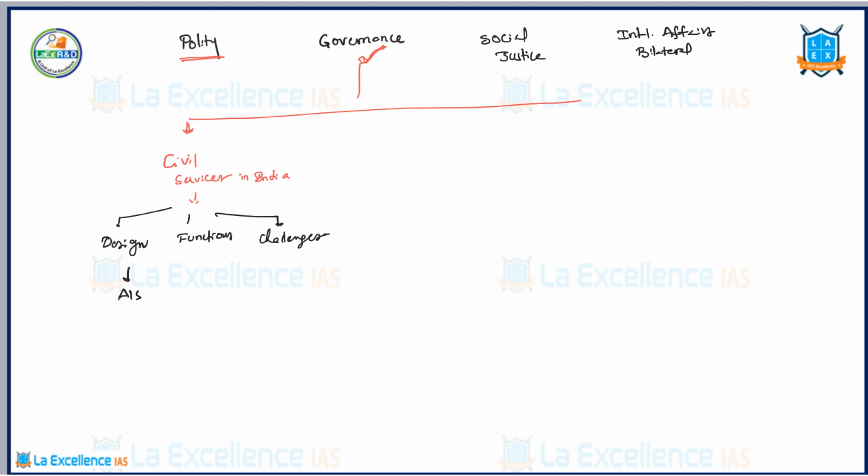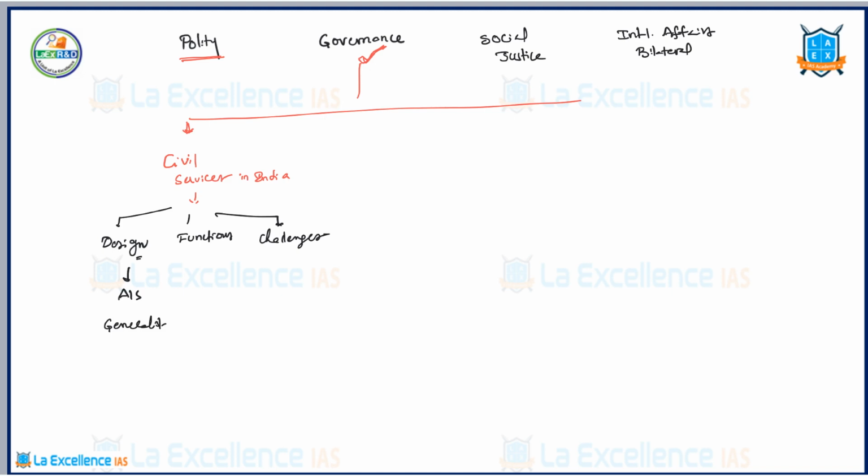All India services: IAS, IPS, Indian Forest Service. What is the design of these all India services? And what is the normal structure of organizing the civil services? That is generalist versus specialist.